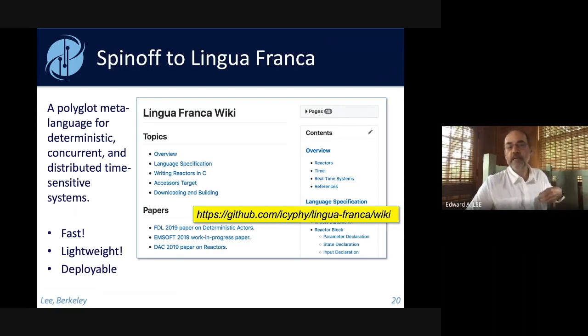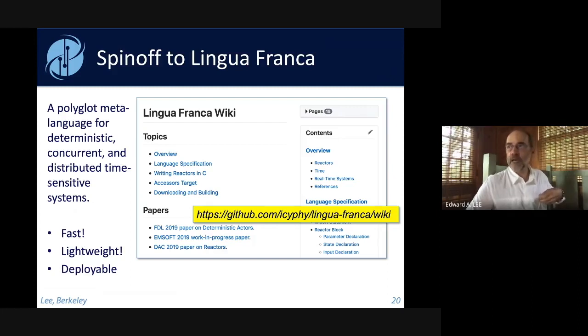And it really has surprised me in how fast and lightweight it is. You can create discrete event models that translate into standalone C programs that occupy only a few tens of kilobytes. So they're very deployable. They're extremely fast.